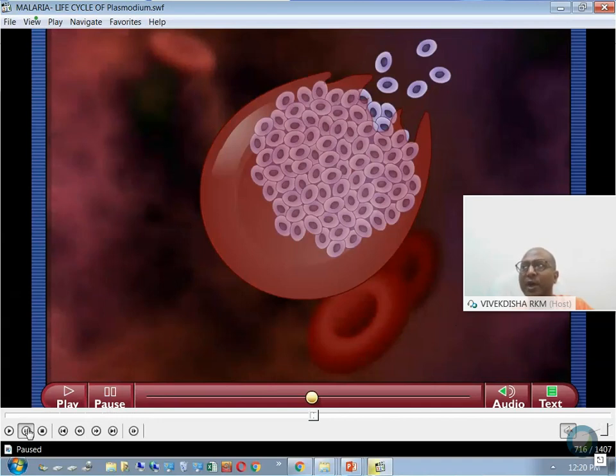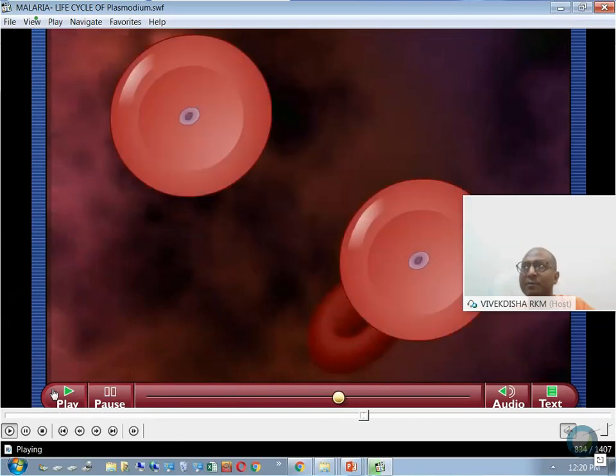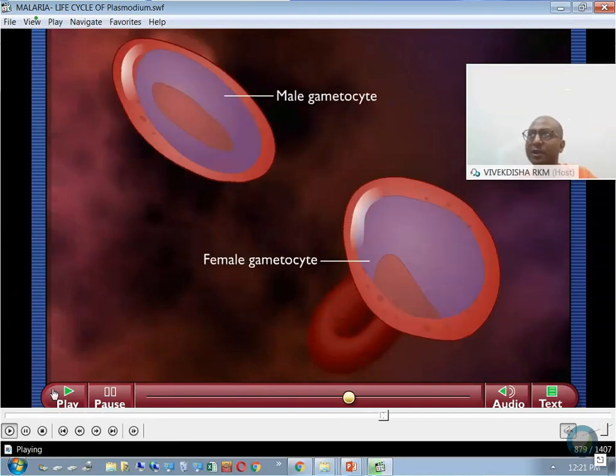So this is how it creates a problem. The germ is coming out from the RBC, bursting out. The RBC is killed, and they travel throughout the body with the blood. There will be more changes in the germ, and after the change they will be ready within the blood in the patient's body. So there are several changes of this germ, Plasmodium.